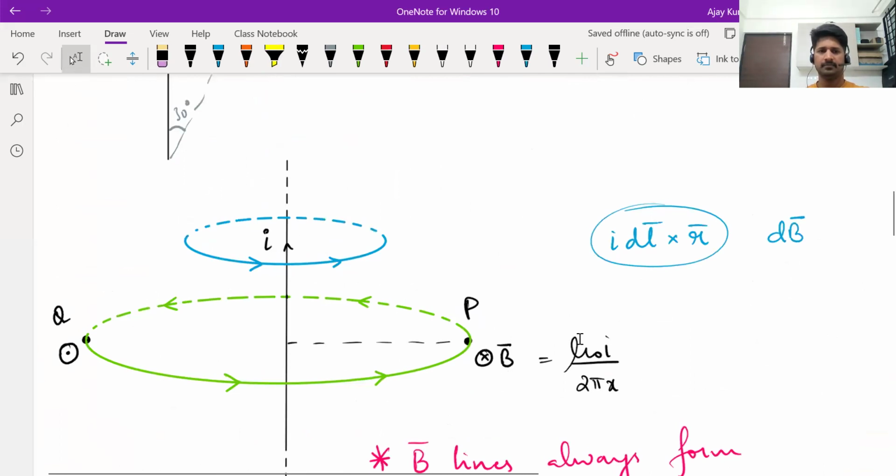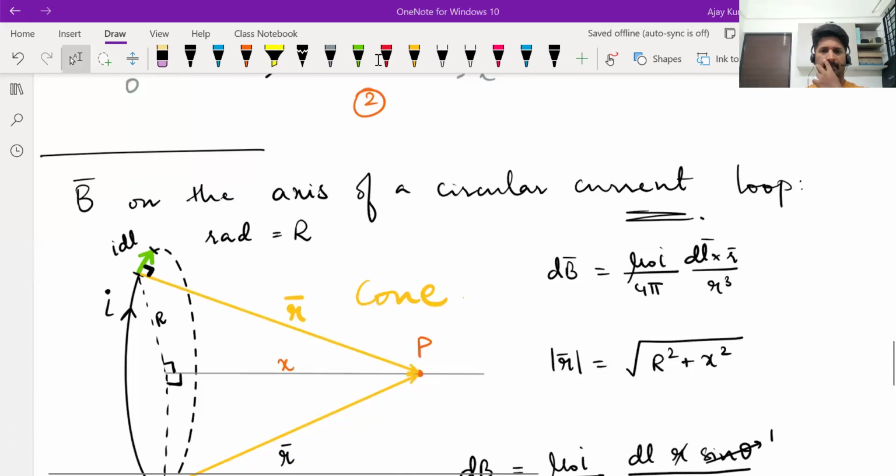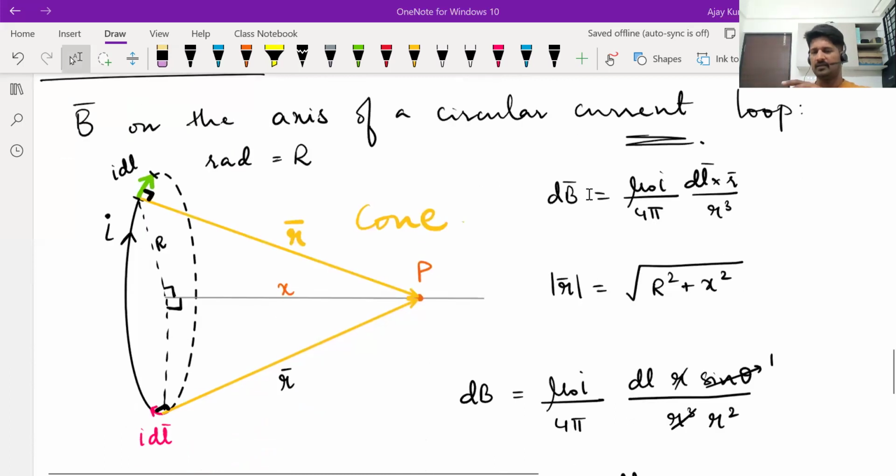Anyone? Same direction, sir. If vectors are in the same direction, you can simply add their magnitudes. That itself will be the magnitude of the resultant. But if vectors are in different directions and you want to add them or integrate them, you will first have to split them into components and integrate the components separately.